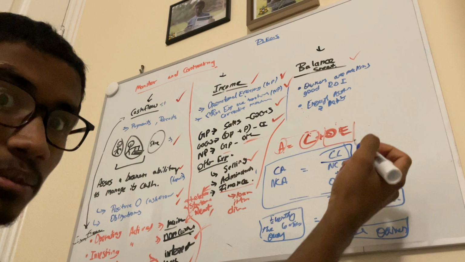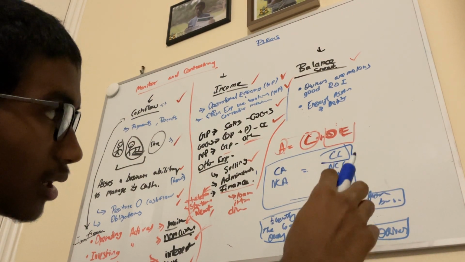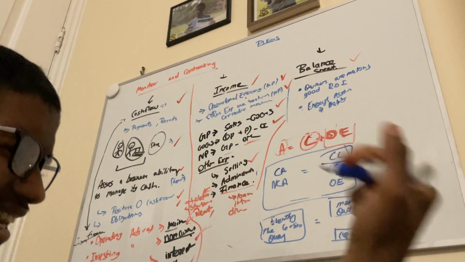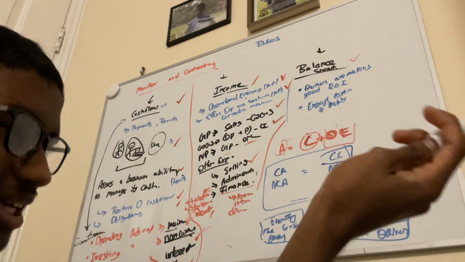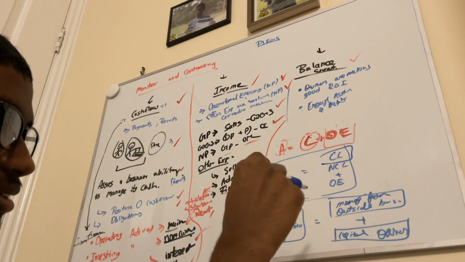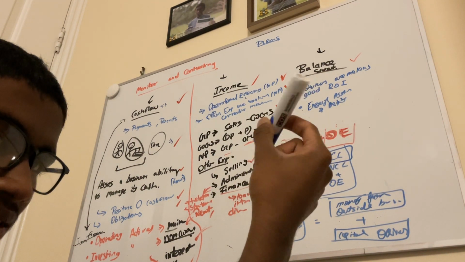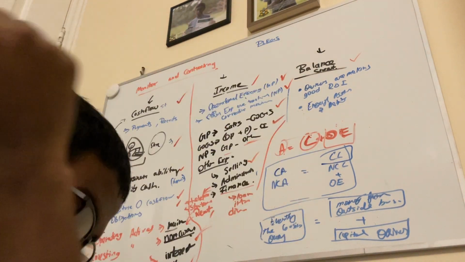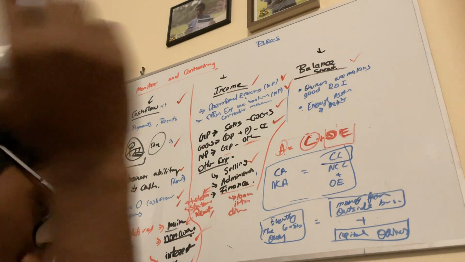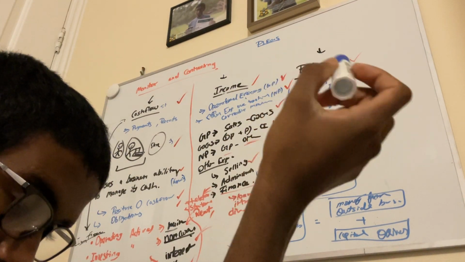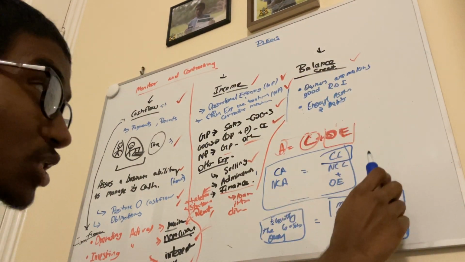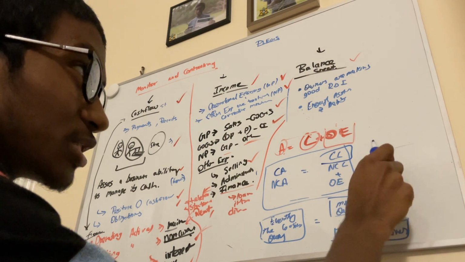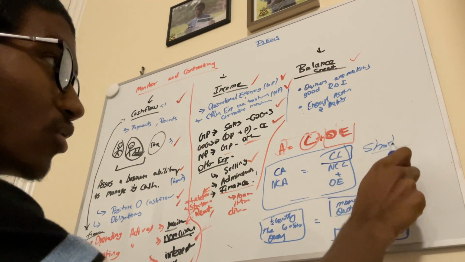What are current liabilities? Current liabilities are liabilities that are owed to outside parties. So current liabilities are liabilities that the business has to pay within 12 months, within the short time frame. So items of debt owed, those debts which have to be repaid in less than 12 months. These are short-term debt.